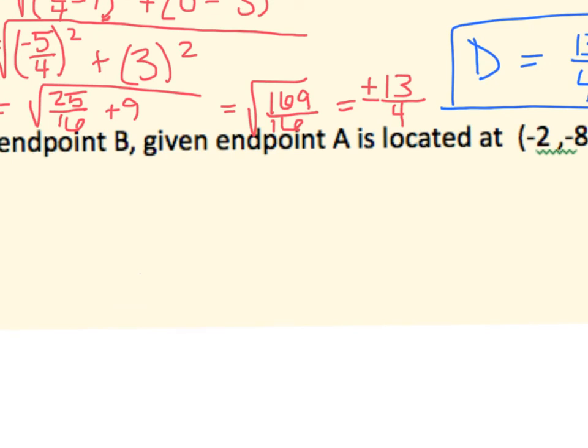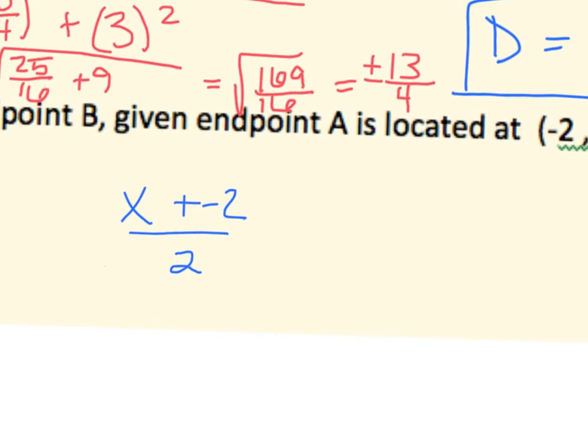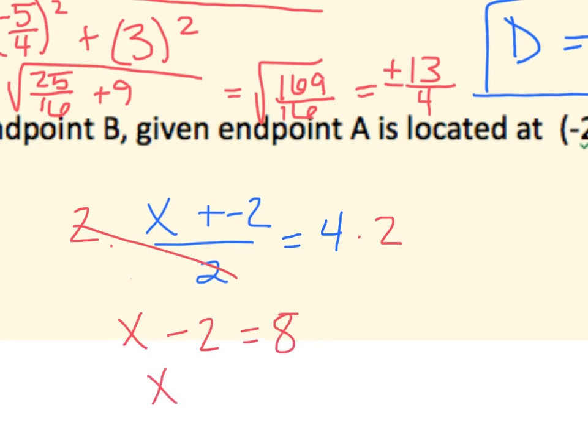So if I know I got x plus negative 2 over 2, and that x coordinate should equal 4, if I multiply both sides by 2, I get x minus 2 equals 8, so x is going to equal 10.